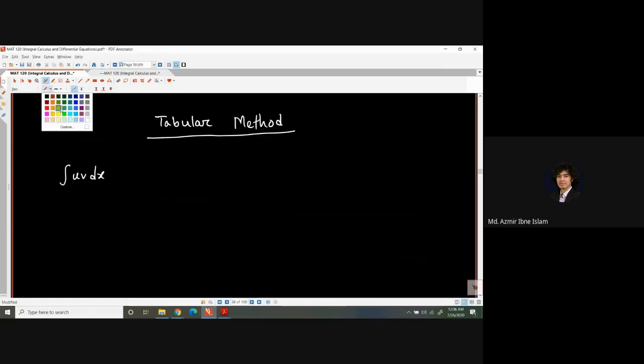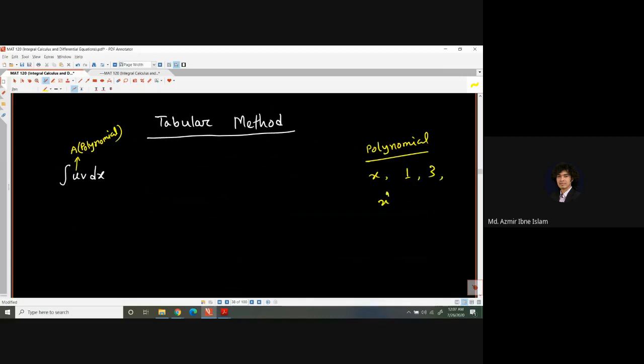This time, remember, if u is an algebraic function, algebraic means polynomial function. Polynomial functions are x, it may be 1, it may be 3, it may be x squared, it may be x cubed plus 1, it may be x squared minus 5x plus 6. So these functions are called polynomial functions.